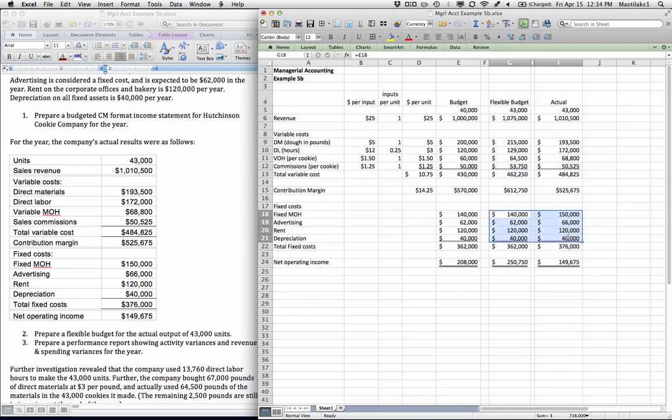And again, same thing with fixed expenses. Our fixed manufacturing overhead was up a little bit. Our advertising was up a little bit. So again, the flexible budget gives us a reasonable apples-to-apples comparison to help us understand how performance was during the year. So that's requirement 2, a flexible budget for the actual output of 43,000 units.